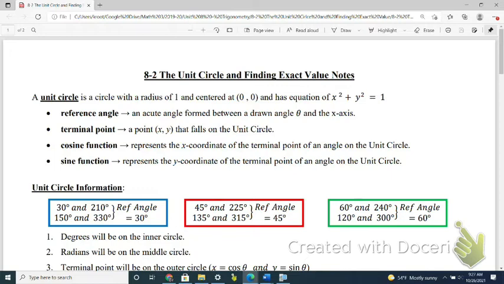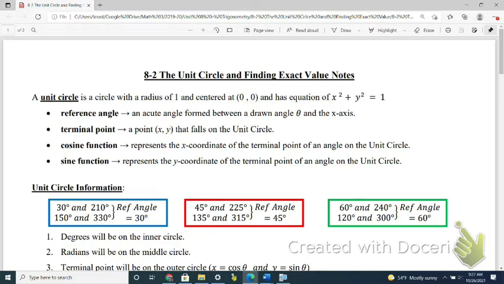Degrees we put on the inner circle, radians on the middle circle, and the terminal points for cosine and sine on the outer circle. Remember, just like x, y goes in alphabetical order, cosine, sine goes in alphabetical order. So if you're confused about which one it is, just remember it's alphabetical order.